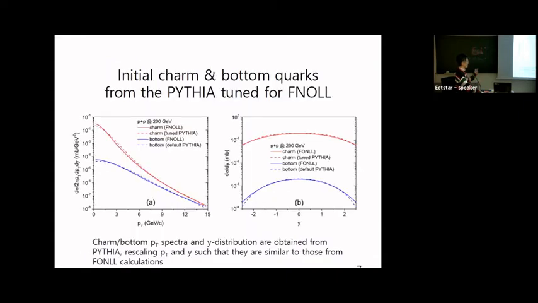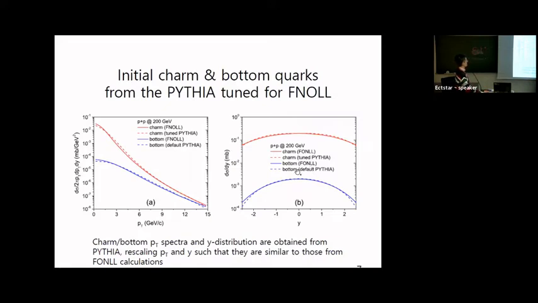And then we should assign energy momentum to each charm and anti-charm. For this purpose, we use the PYTHIA event generator, but we rescale the transverse momentum and the rapidity of charm and anti-charm such that the transverse momentum spectrum and the rapidity distribution of charm are similar to those from FONLL calculations.